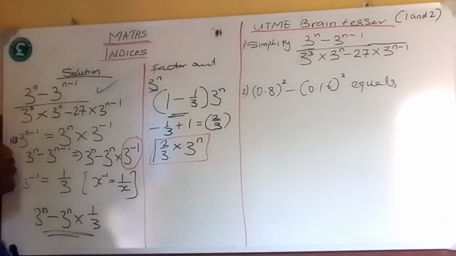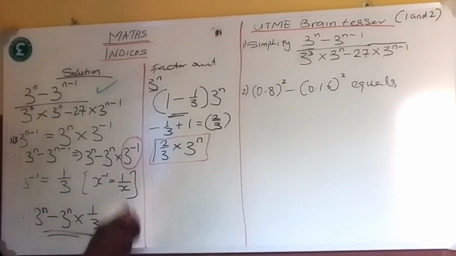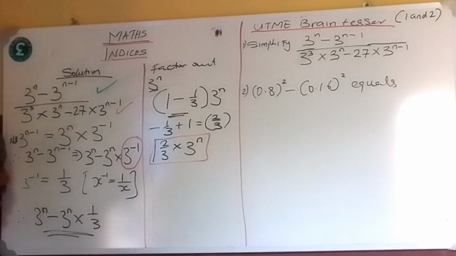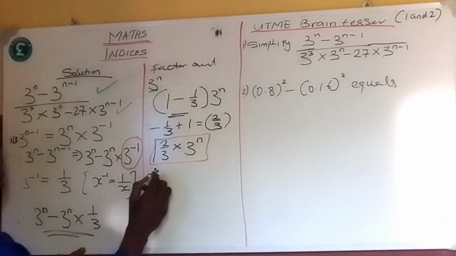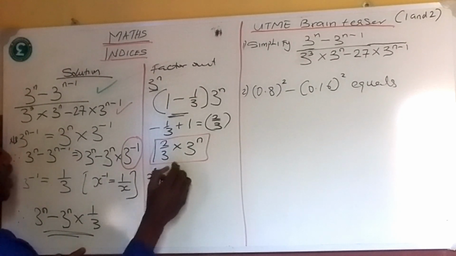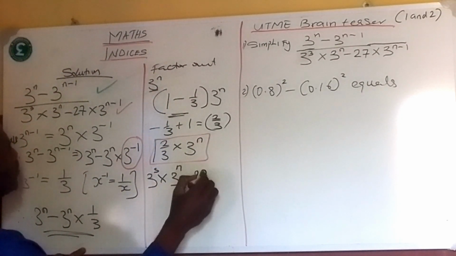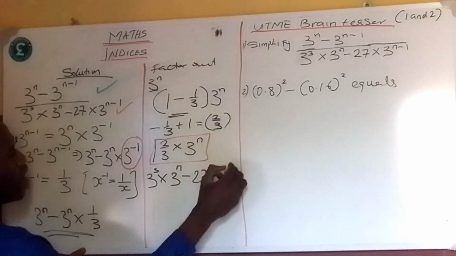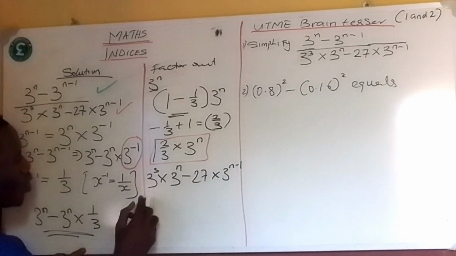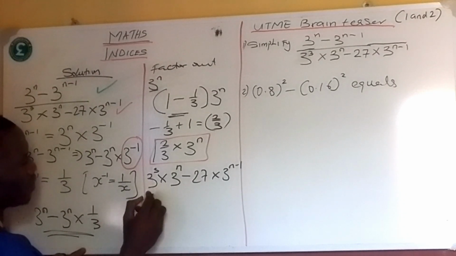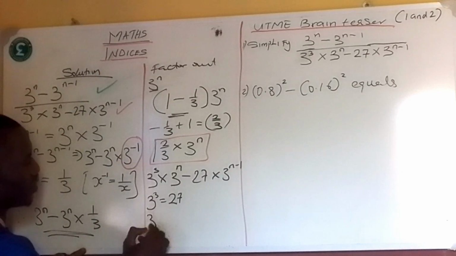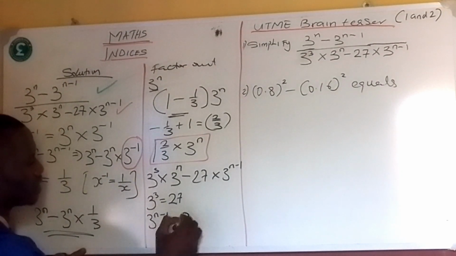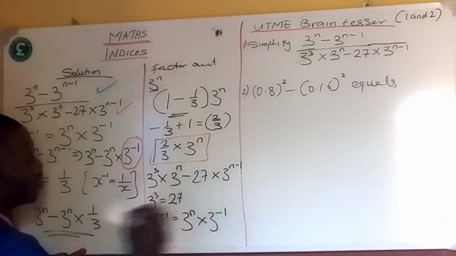Now, let us solve for the denominator. The denominator is 3 raised to the power of 3 times 3 raised to the power of n minus 27 times 3 raised to the power of n minus 1. We know that 3 raised to the power of 3 is equal to 27. We know that 3 to the power of n minus 1 is the same thing as 3 raised to the power of n times 3 raised to the power of minus 1.